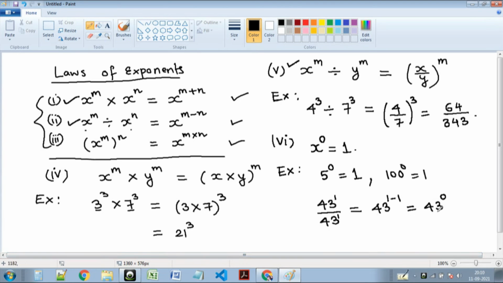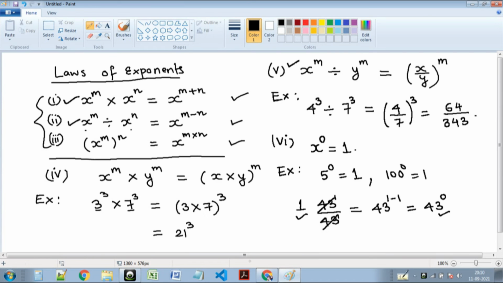So that is what we want to find out, why 43 to the power 0 is 1. Because one reason is also there. If I am cancelling out these two, I am getting 1. That's why this 1 is always equals to 43 to the power 0. In this way, we can justify any number whose power is 0. We can say that it is equals to 1. So this is all about the 6 laws.